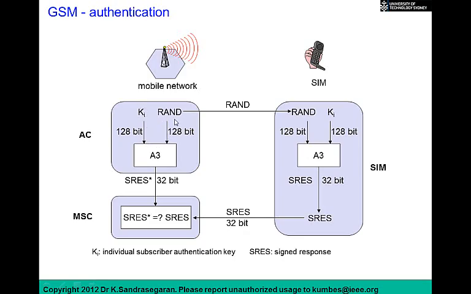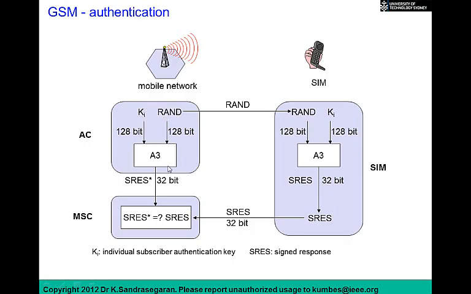So when you are making a call, for example, what happens before you have to authenticate a subscriber? The network element, the MSC, has associated with it the RAND and the signed result. Now the only way you can get this signed result is if you know the key, and because the key is only stored in two places, in the authentication center and the SIM card, nobody else should have access to this particular key.